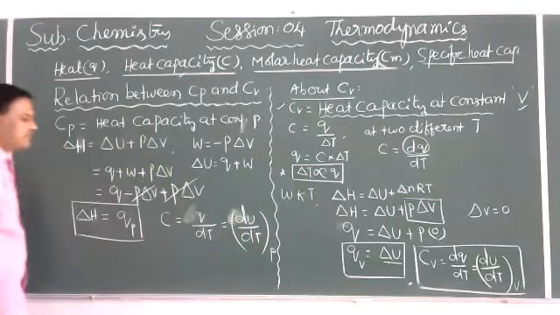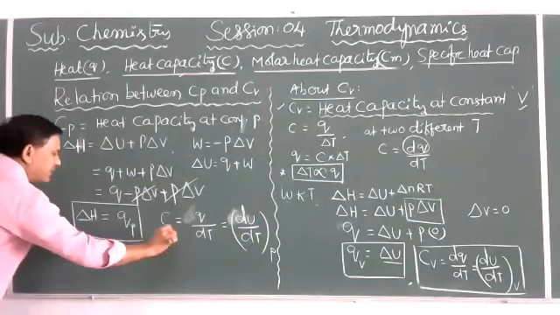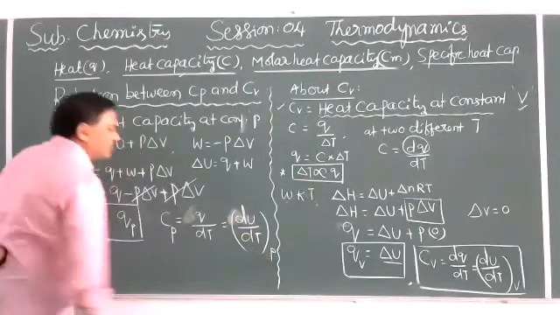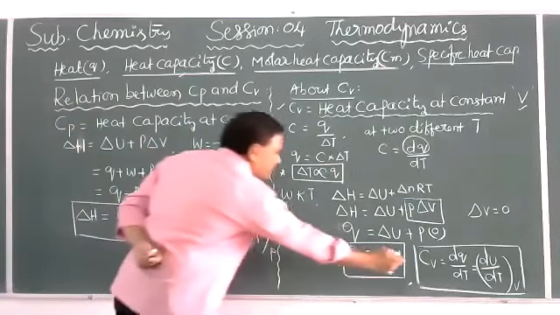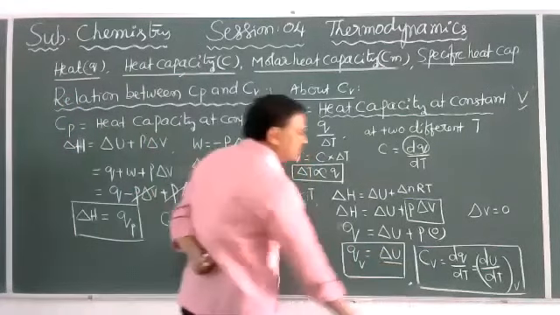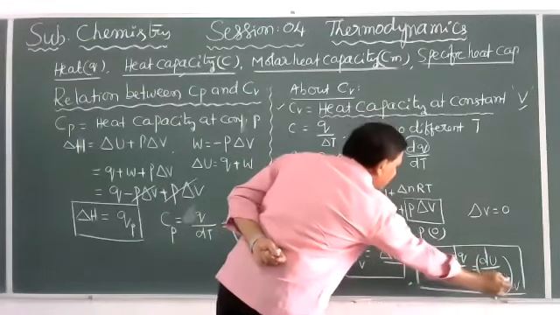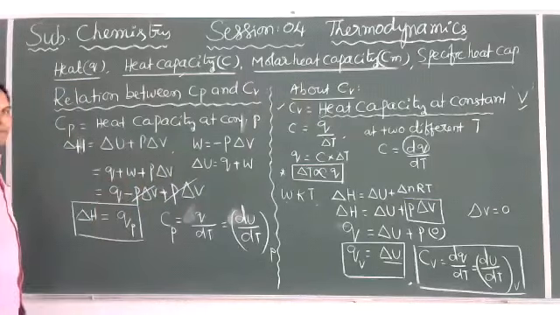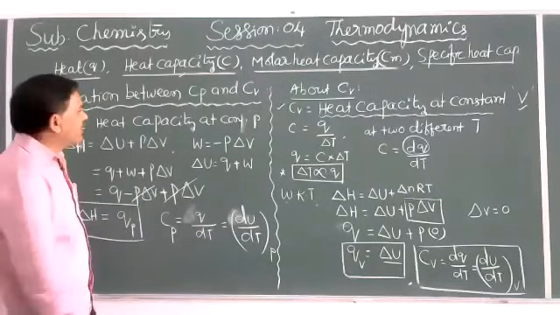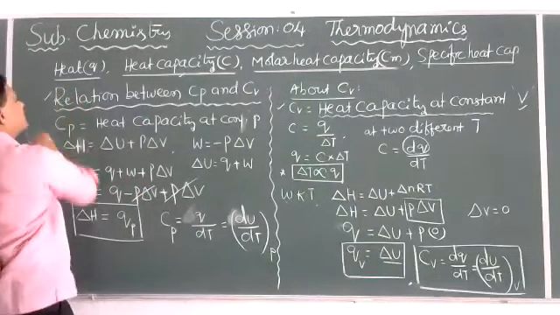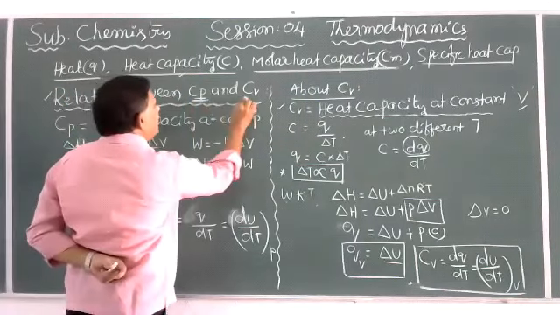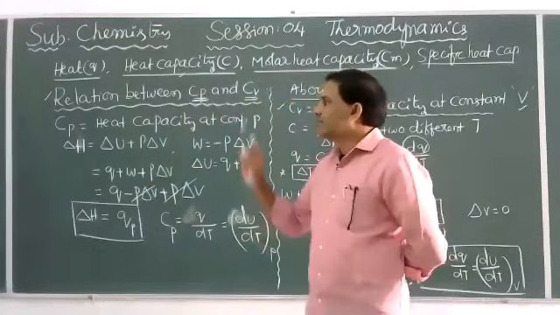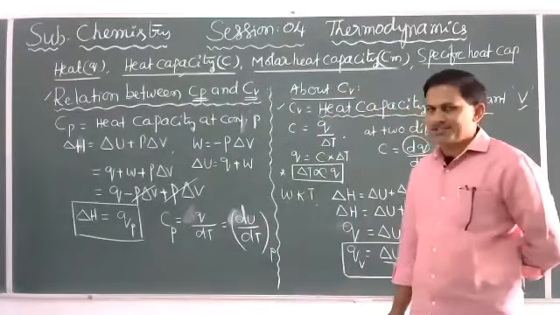So the heat capacity at constant pressure Cp is equal to dH by dT at constant pressure, and the heat capacity at constant volume is equal to dU by dT at constant V. By using these two important relations, we can derive easily a relation between Cp and Cv. A very important relation between Cp and Cv.